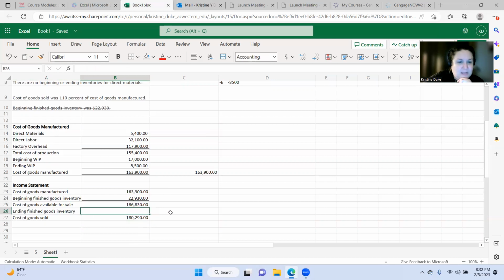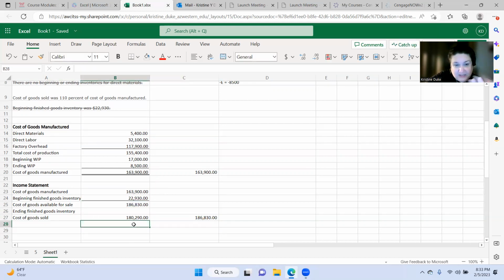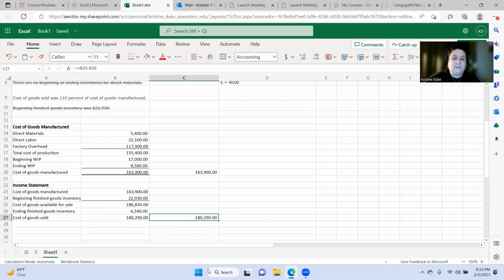So right now, if I go in here, I'm going to go plus this minus this. And then it should equal that cost of goods, but it's not going to, because I need to figure out what the difference is. Plus this minus that. Okay, that'll give me my, there we go.